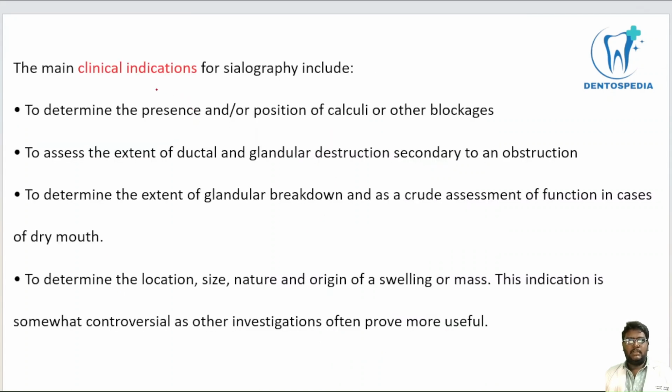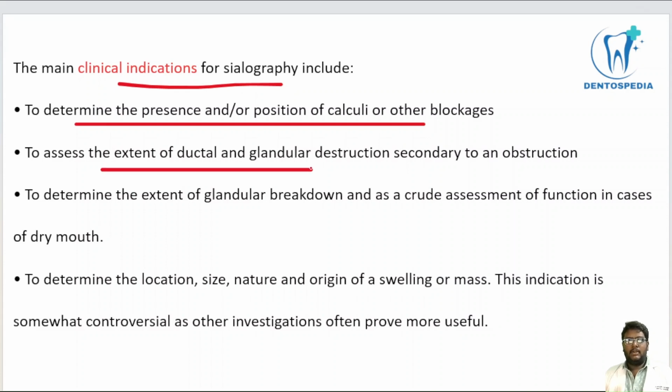And coming to the main indications of sialography, it is mainly used to determine the presence and position of calculus or any blockages, and to assess the extent of glandular and ductal destruction secondary to any obstruction. Suppose there is any chronic obstruction, we might see certain damage in the glandular tissue.